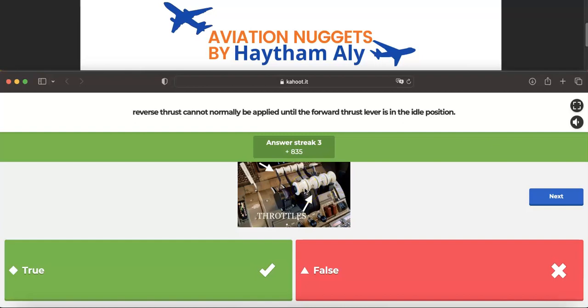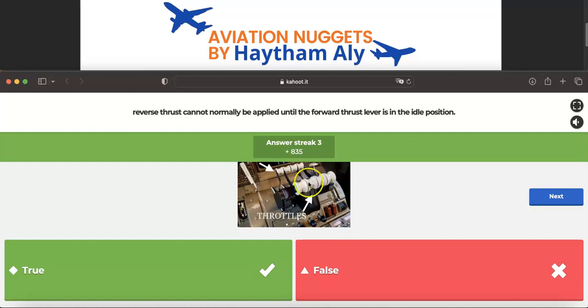And all the engines of the aircraft must be at the idle detent or idle power. And it's always coming as a check between each engine. So normally you cannot take one engine to reverse thrust until you assure from the other engines that they are on idle.